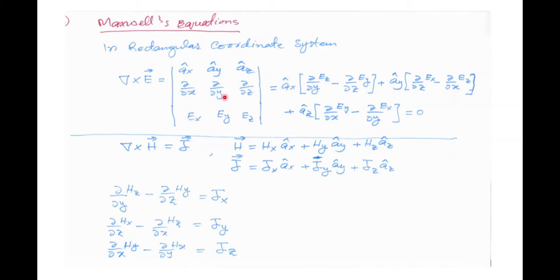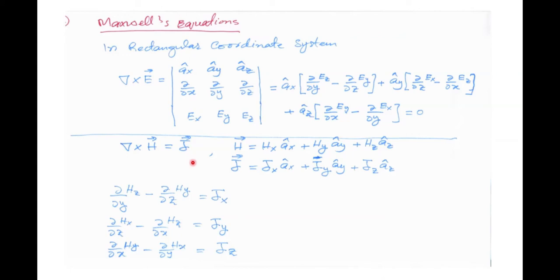So according to this relation, replace ez, ey, ex, ez, ey, and ex in this relation by hy, hz, hx, and then equate the same component on both sides of this equation.